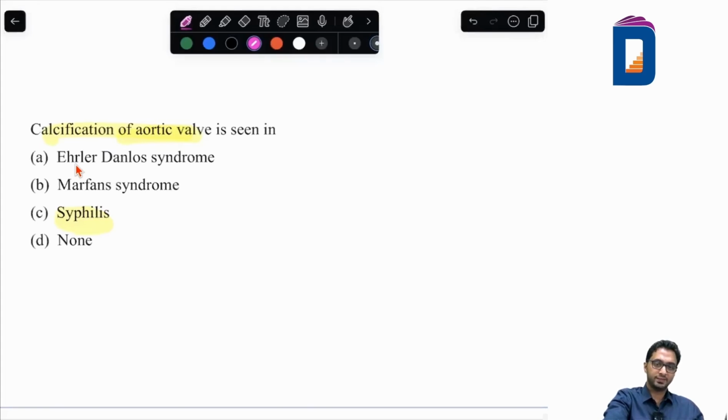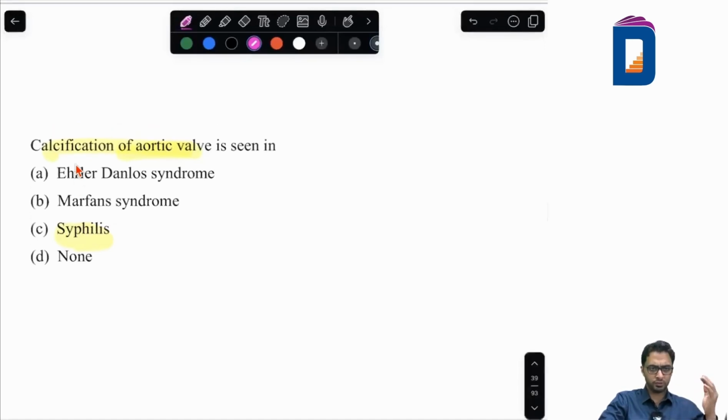What was that? Aortic aneurysm in the beginning. Aortic aneurysm, very good. So aortic aneurysm, please note, is also seen in the tertiary stage of syphilis. Aortitis and aortic aneurysm, you'll learn this.